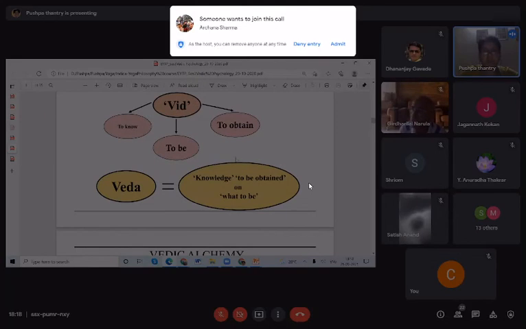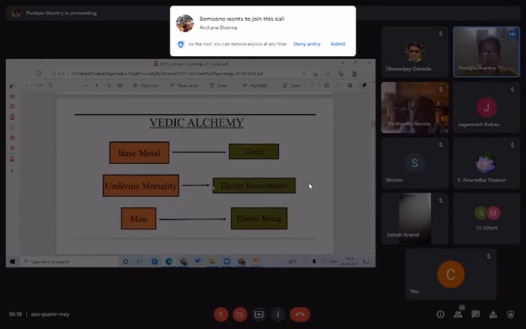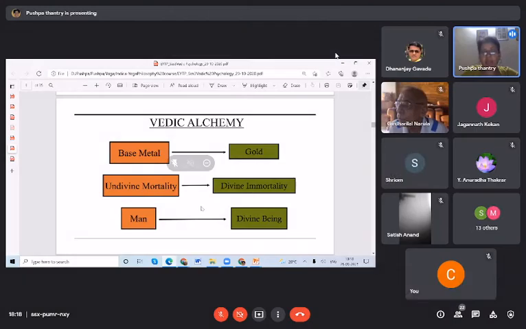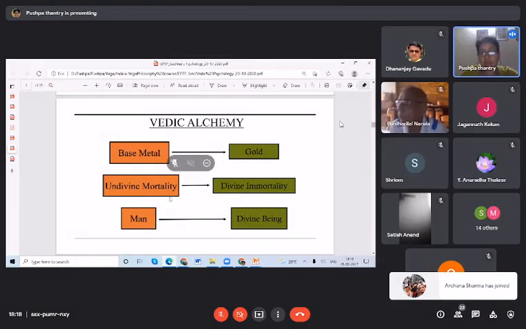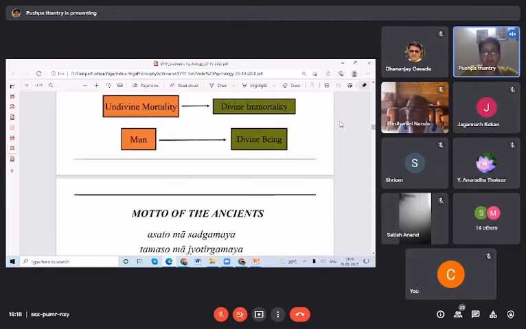To be, to know, and to obtain. Knowledge is to be obtained on what you have to be. And I thought this is an interesting slide to understand what Vedic alchemy was. The base metal, they did have gold, and divine immortality was their belief, and man is a divine being. That is what they believed in.